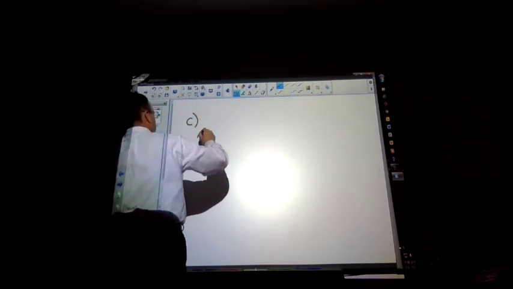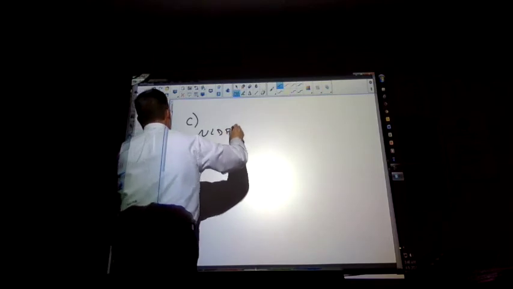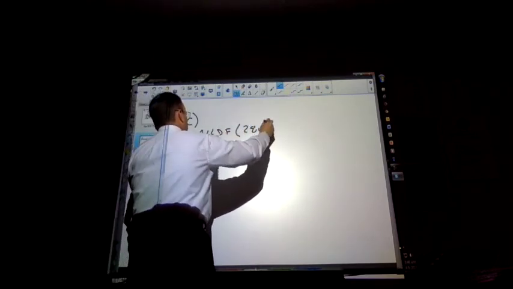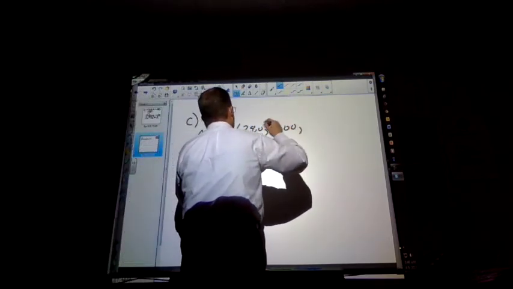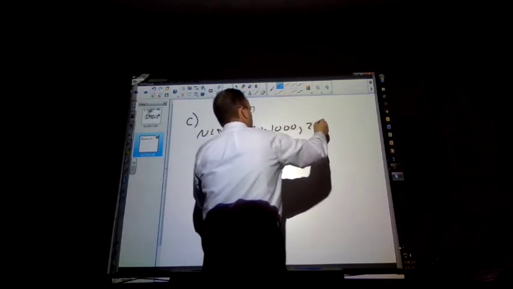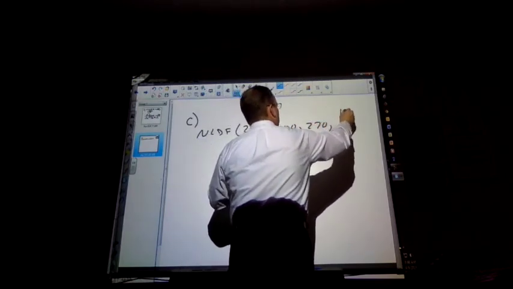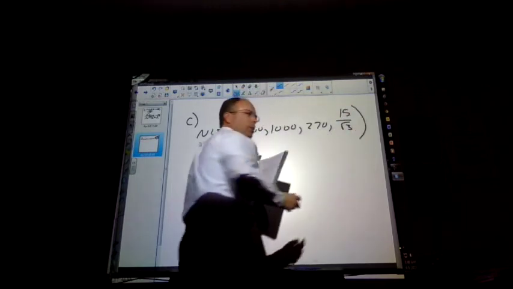Letter C on that one, you're going to do the NCDF, and you have 280, like 1,000 would be fine probably, and 270, and then you're going to go 15 over the square root of 3, because it's 3 years.